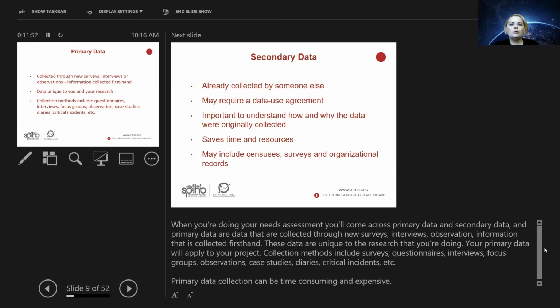Your primary data will apply to your project. Collection methods include surveys, questionnaires, interviews, focus groups, observations, case studies, diaries, critical incidents, etc. Primary data collection can be time-consuming and can be expensive, but as we'll talk about later, sometimes it's absolutely necessary.